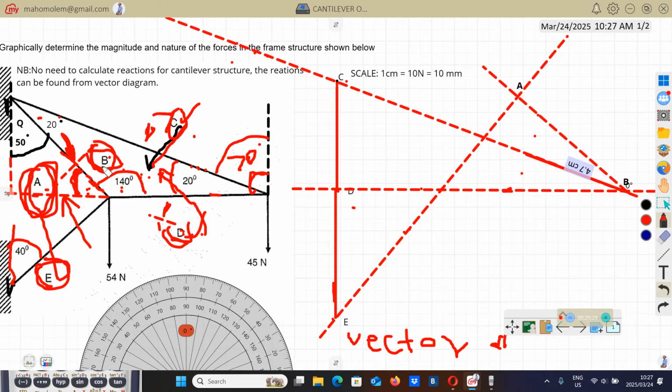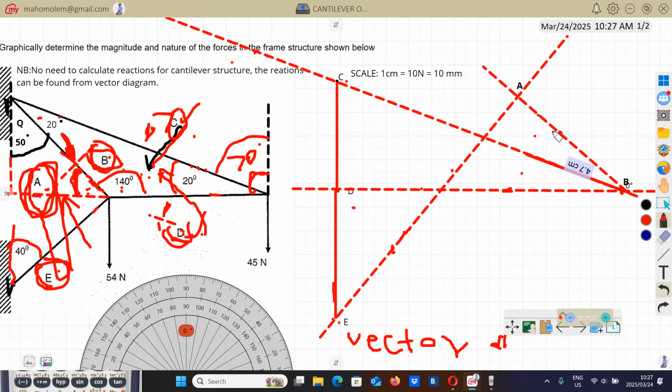So from B to A, there is a line moving at an angle of 40. You come to B and draw a line moving at an angle of 40. That line is parallel to this. Then from E to A, you come to E. From E to A, there is a line moving at an angle of 40, which is this one, parallel to this.